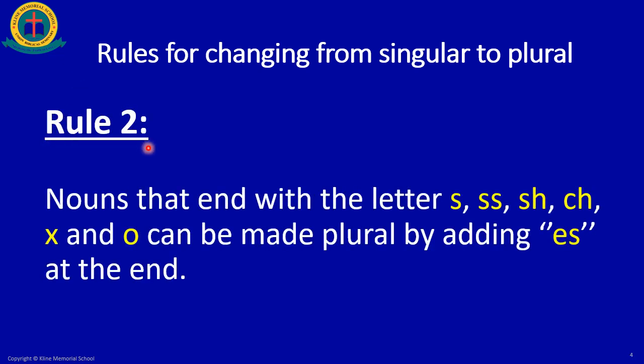Rule number 2. Nouns that end with the letter S, SS, SH, CH, X and O can be made plural by adding ES at the end. We have seen some examples in the previous video.